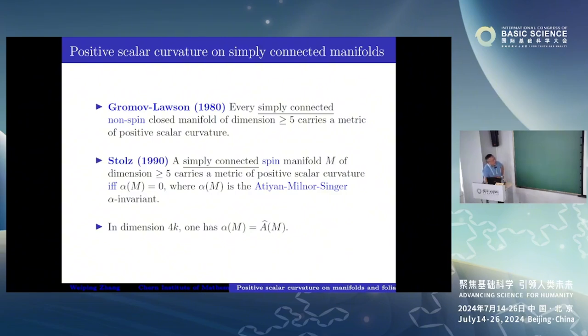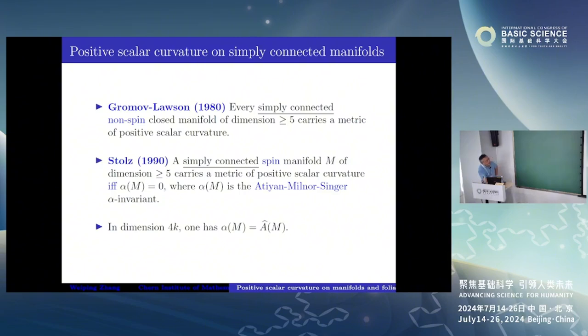Many years later, Stolz solved the Gromov-Lawson conjecture, which stated that if you have a simply connected spin manifold of dimension larger or equal to 5, then the manifold carries a metric of positive scalar curvature if and only if the so-called Atiyah-Milnor-Singer alpha invariant equals 0.